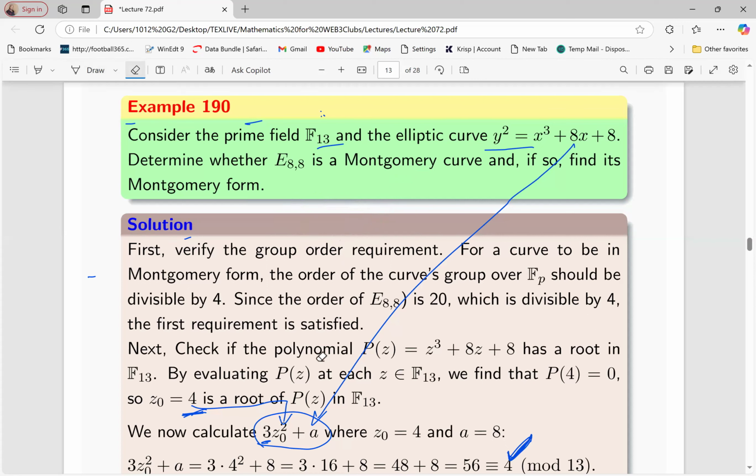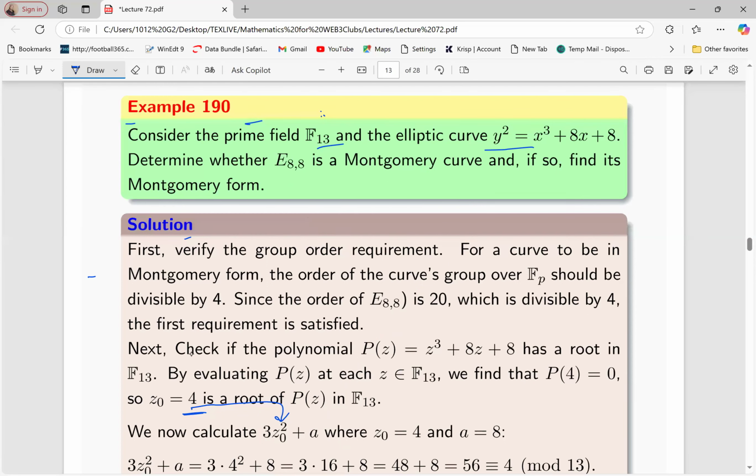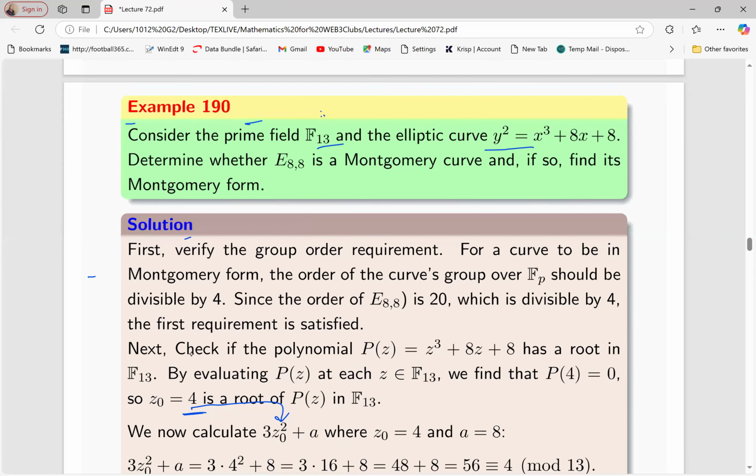I don't know whether there's anybody who's not seeing what we're talking about here. Let me again repeat. We have a root squared. 4 times 4, which is 16. Mod 13, that is 3. Then 3 times 3 will be 9.